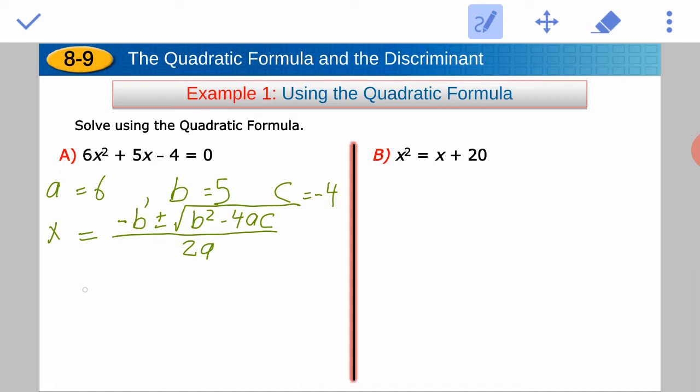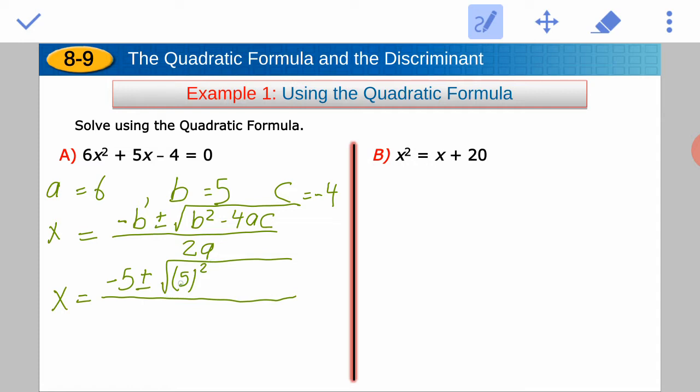Now substitute in this formula. x is equal to the fraction bar, negative b. B is 5 so negative b is negative 5, plus or minus, temporarily, the square root of b squared, which means 5 squared. I prefer to put any value raised to the power 2 or any other power in parentheses.